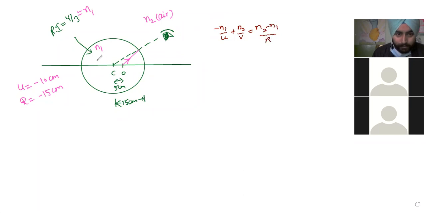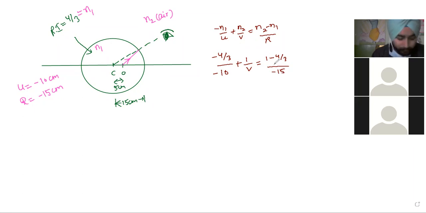Here n1 is 4/3, so it comes to be minus 4/3 divided by u, and u is 10, so minus 10, plus n2 is air, so 1 by v, equals 1 minus 4/3 over minus 15. So the answer is 9 centimeter.